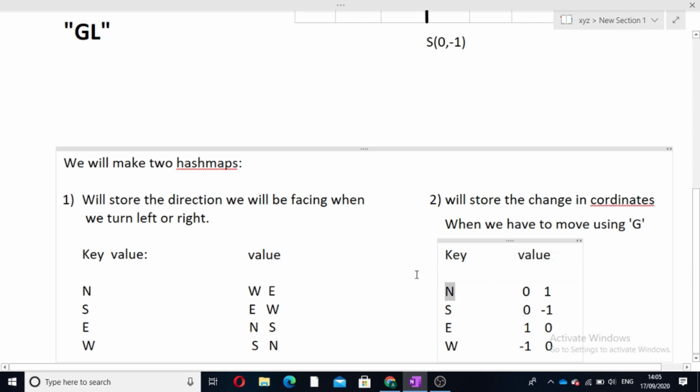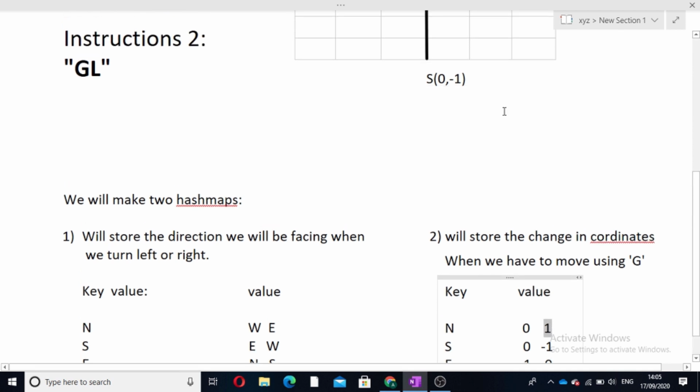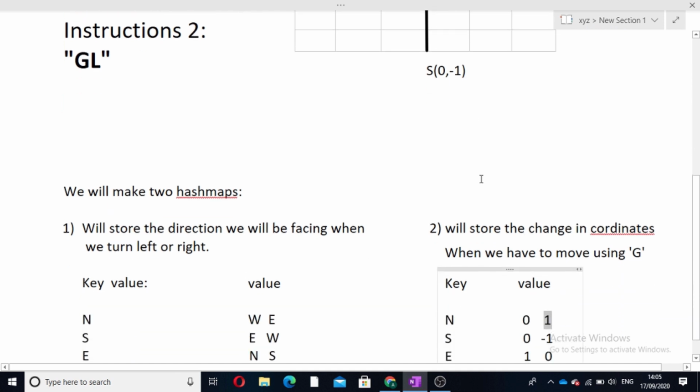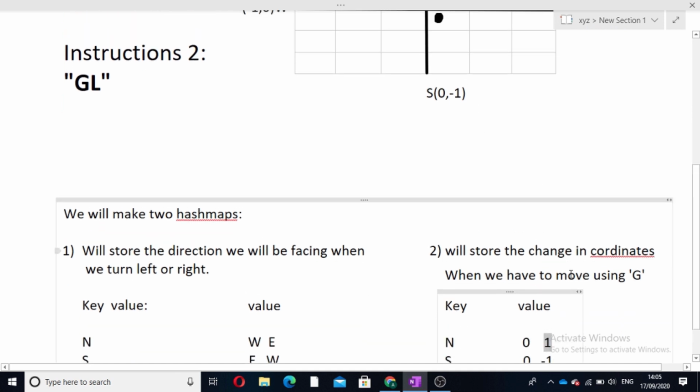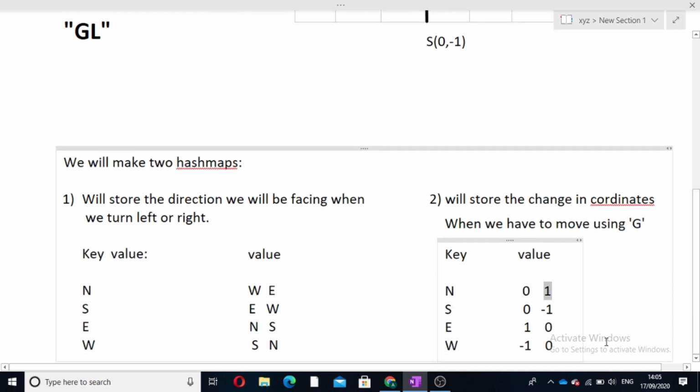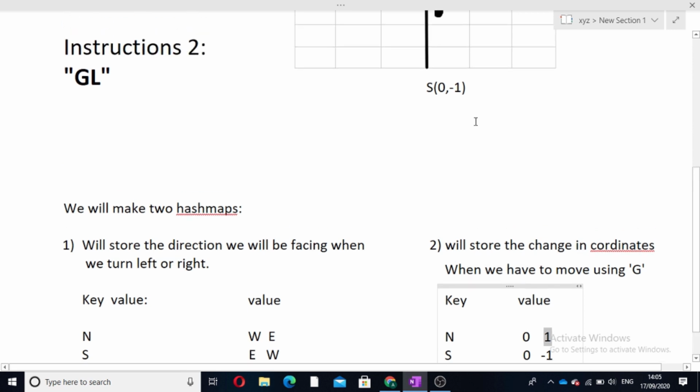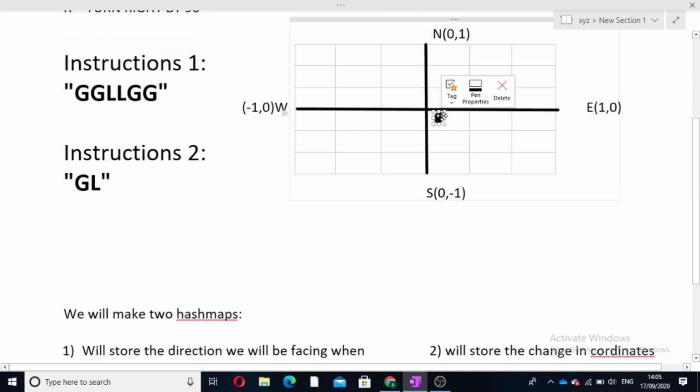Then 0, 0 is its initial position, and when it moves in the north direction, these values will be added to its x and y coordinates. That is, the x coordinate 0 will be added with 0, and the y coordinate will be added with 1. This gives us the new coordinates, which will be 0, 1.